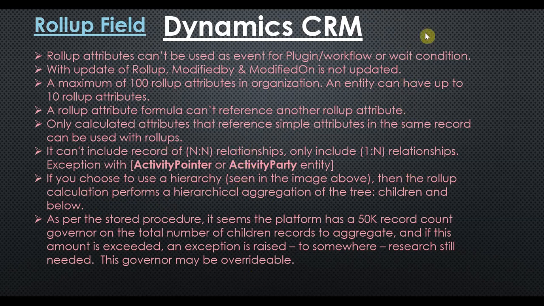Suppose you are defining the rollup attribute for entity A, and for that entity A you have the child entity B, and for that B entity you have another child entity C. If you want to use the data of the C entity and B entity, then you have to enable the formula design hierarchical equal to yes. Only then can you go deep down into your related child entities and refer to the data.